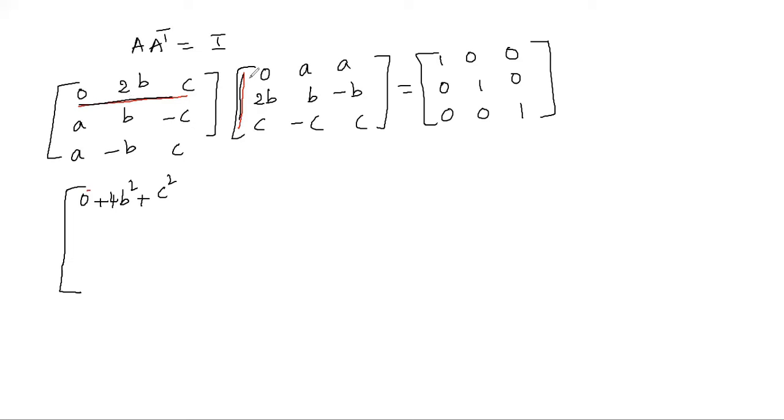Next first row into second column: 0 into a is 0, 2b into b is 2b square, c into minus c is minus c square. Next first row into third column: 0 into a is 0, 2b into minus b is minus 2b square, c into c is c square.